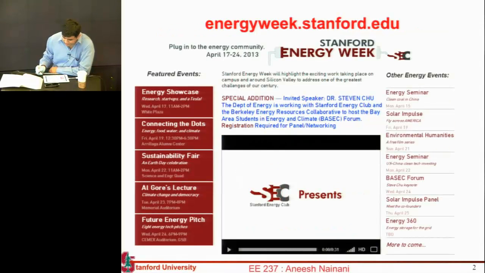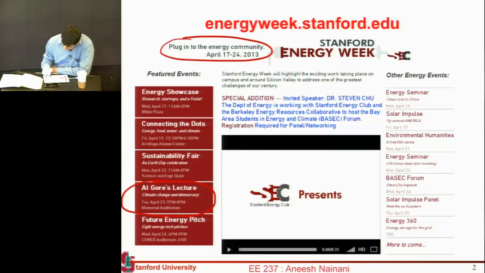So before I get started, I came across this energy week which is happening at Stanford this week. There are quite a few interesting lectures. There's a talk by Al Gore tomorrow in Memorial Auditorium. There's a lecture by Stephen Chu, who used to be the Secretary of Energy, on Wednesday.